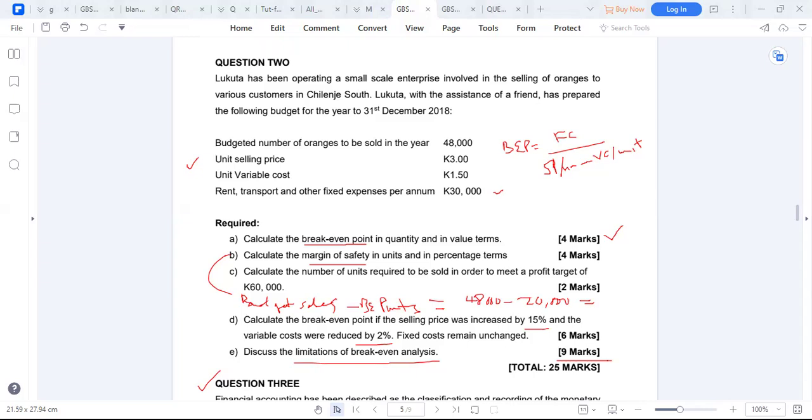So they want us to calculate the number of units to meet the targeted profit. So we are being given precise instructions there to calculate the break-even point if the price was increased by 15% and the variable costs were reduced by 2%. So what is our selling price?